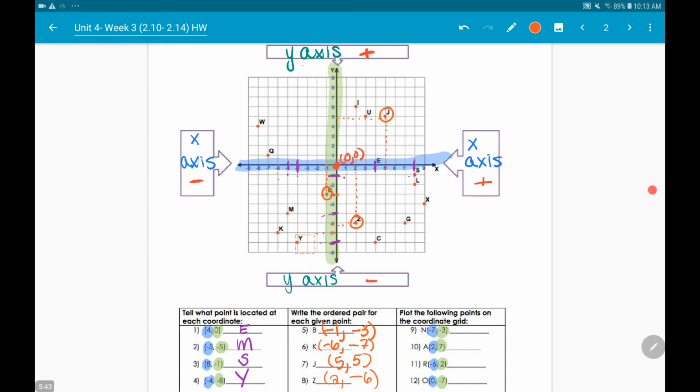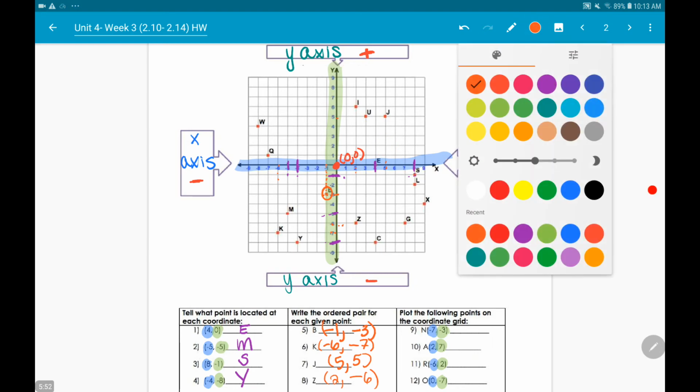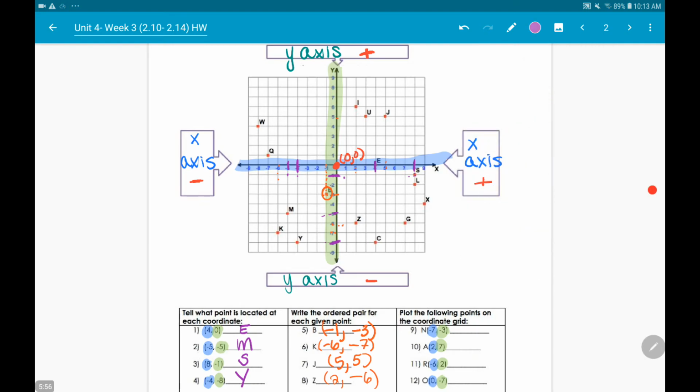Last thing, we are going to plot some points. When I plot, I need to do my blue first, then my green. So I have -7 on blue, -3 on green, and I'm going to see where those come together.